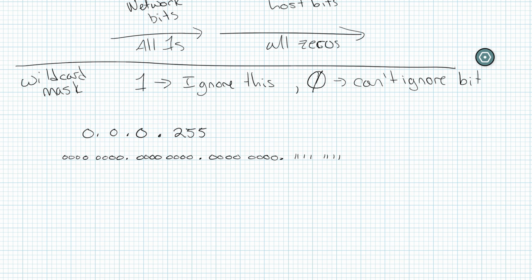So essentially what we're saying is we can ignore this portion of the address, but everything in this section has to match. We can't ignore where the zeros are.